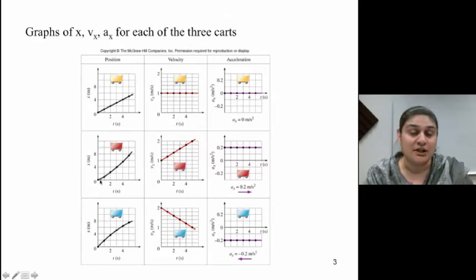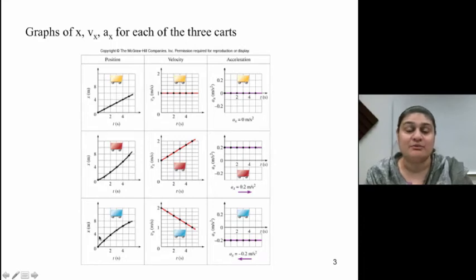Now for the second cart, where there was a positive acceleration, that means the car was moving faster and faster as you were going. You will notice that as you go up you will cover more distance with respect to time. Your velocity will increase and your acceleration will be positive.